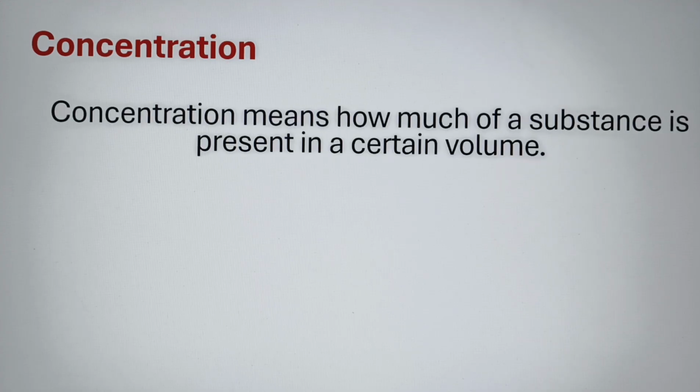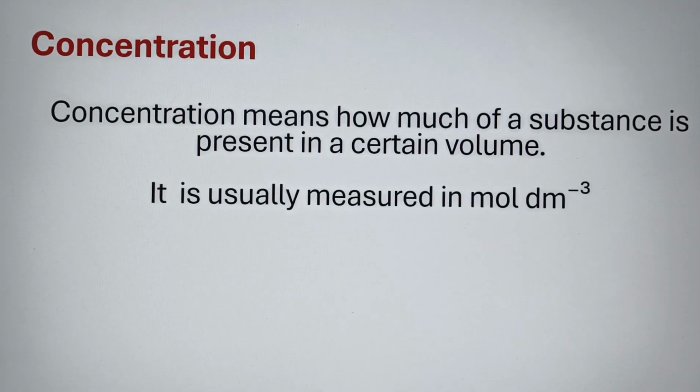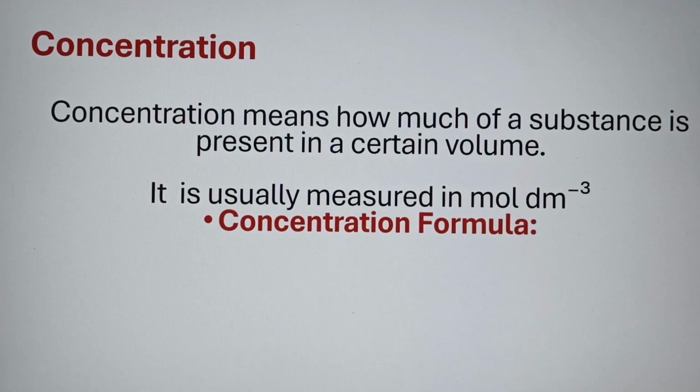Next, we see how to calculate the concentration of water in pure form and how it relates to the ionic product of water. First of all, we see what concentration is. Concentration means how much of a substance is present in a certain volume. It is usually measured in mole per decimeter cube, which means moles per cubic decimeter.